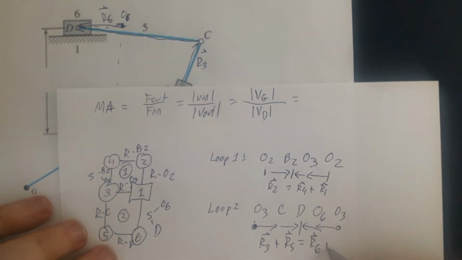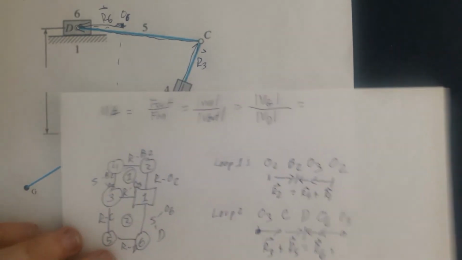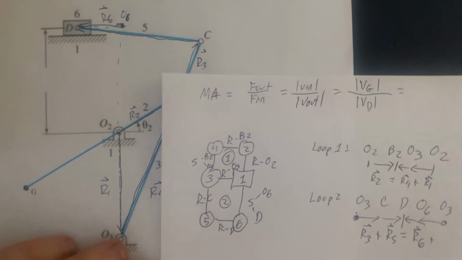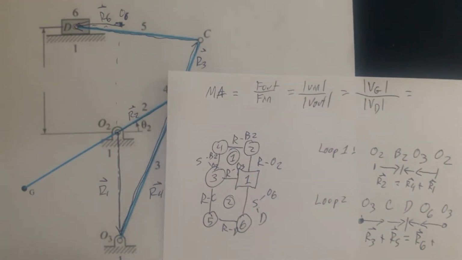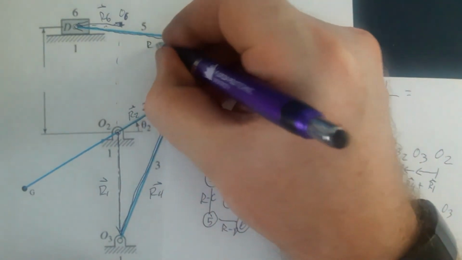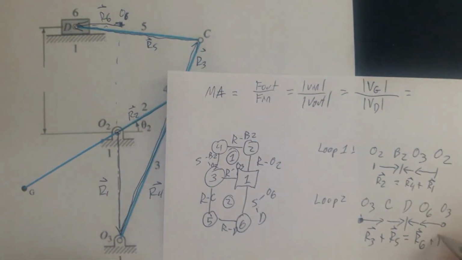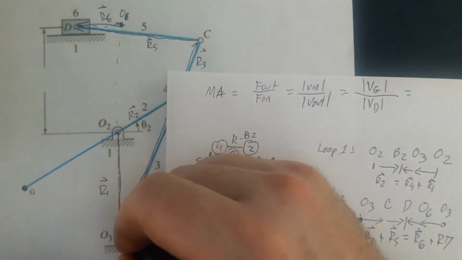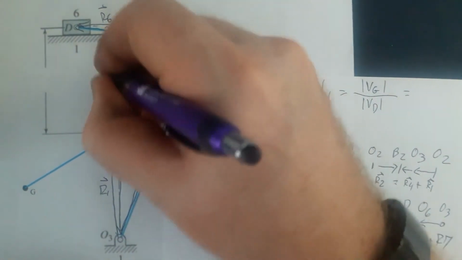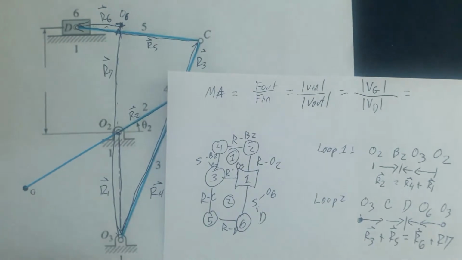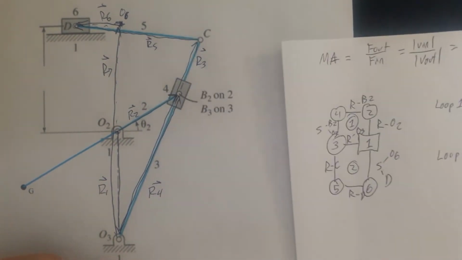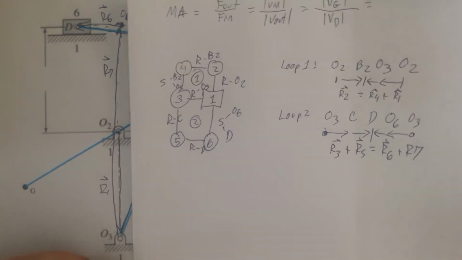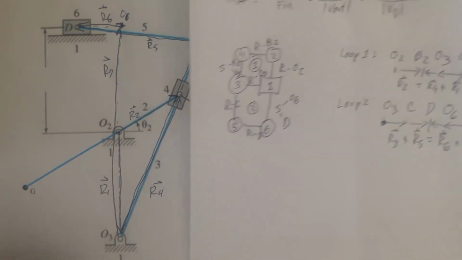And then we'll have, let's see here, I've already got R1, R2, R3, R4, R5, and R6, so this will be R7. And it's going to go from O3 to O6. All right, so I've got the setup of my loops and my vector equations that go together.